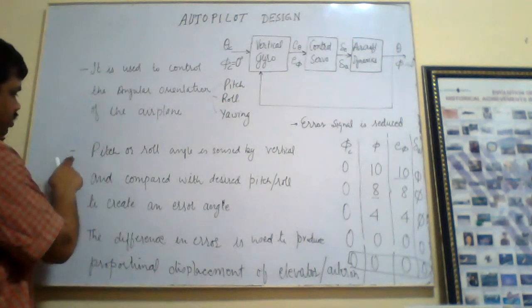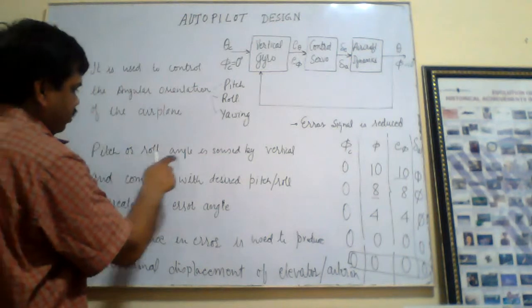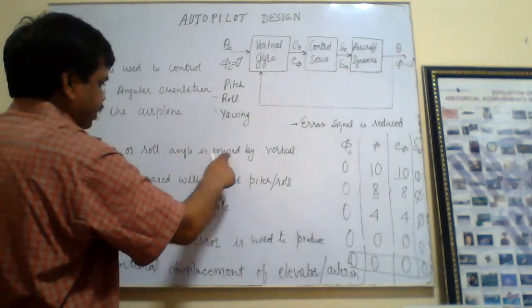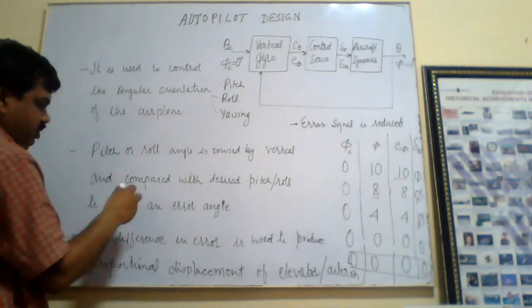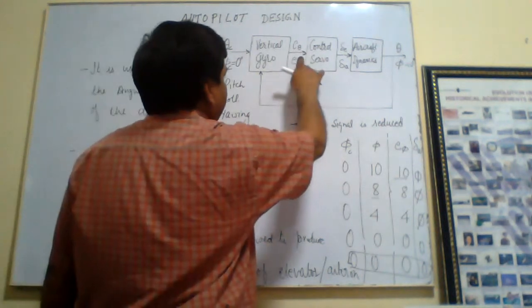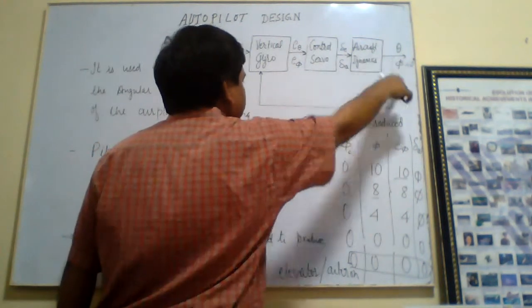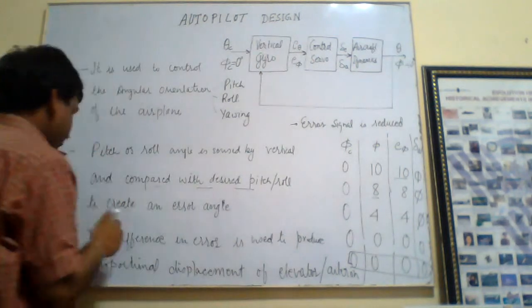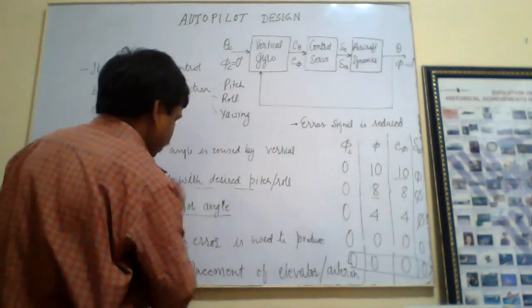Next, pitch or roll angle. In this autopilot, they are sensed by the vertical gyros and compared with the desired pitch or desired roll, so an error signal is created.